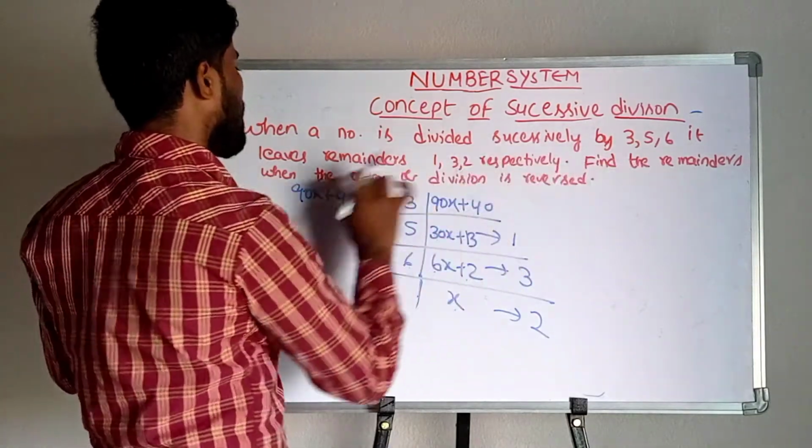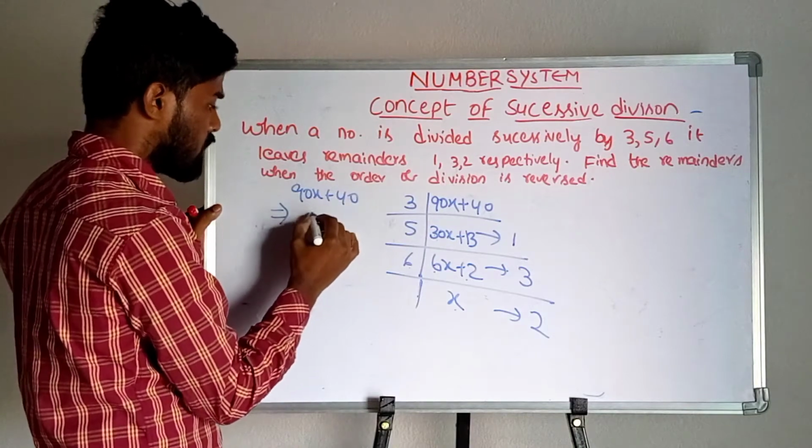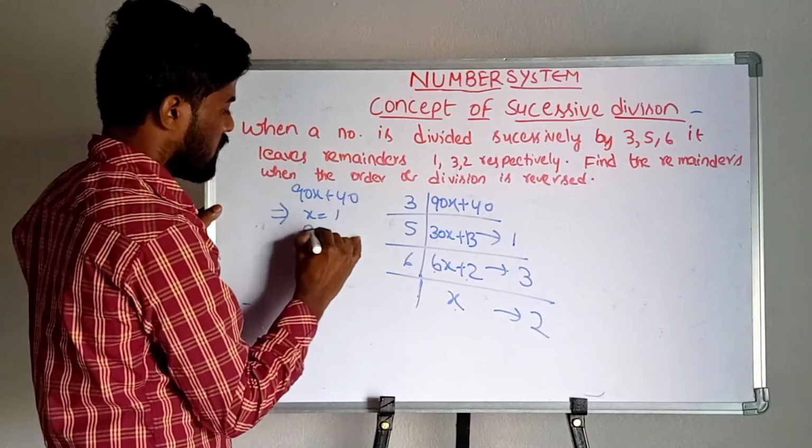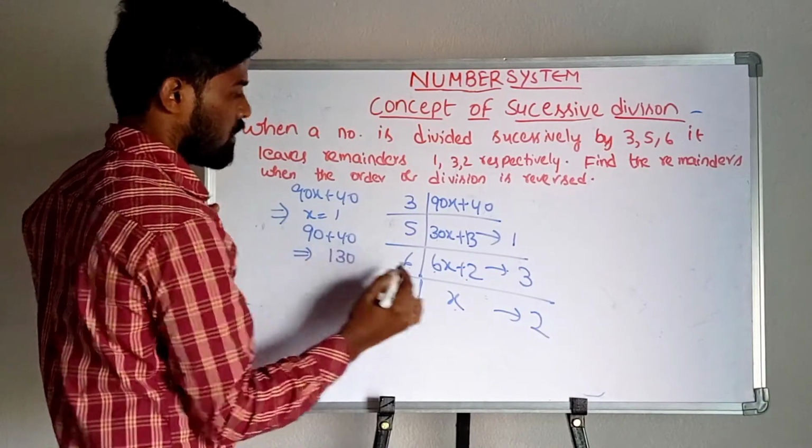We have to find the remainders when the order of division is reversed. Keep x equal to 1: 90 plus 40 becomes 130.